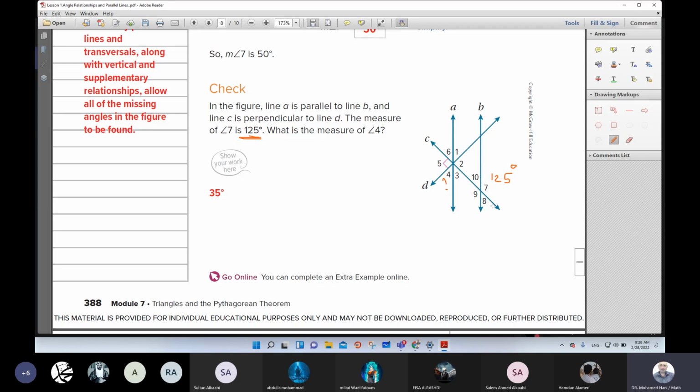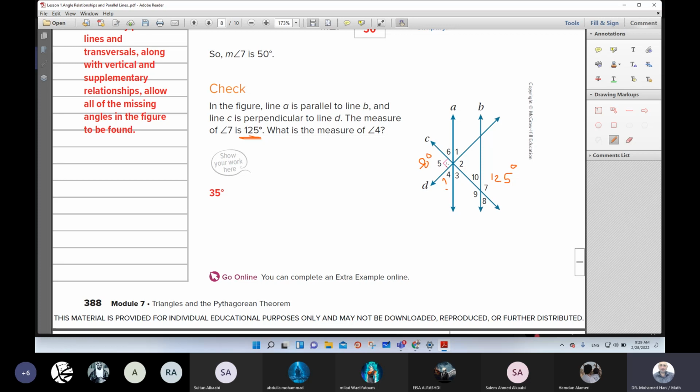Right. What is the relation between angle 7 and 4? We don't have a direct relation between 7 and 4. What we have, as you see here, if the two lines here are parallel, and number 5 here, as you see this sign, we have 90 degrees.